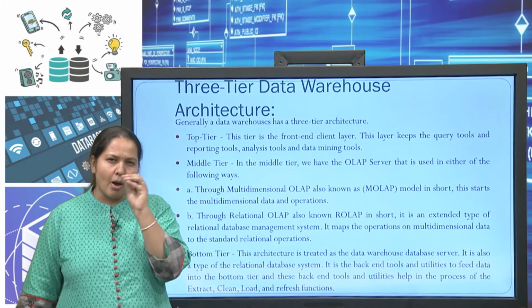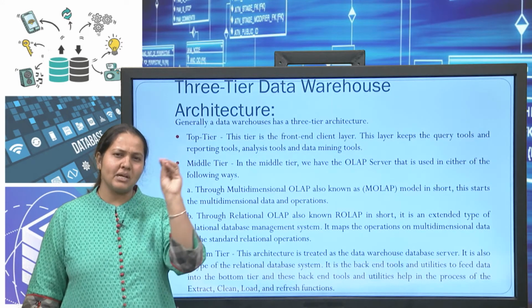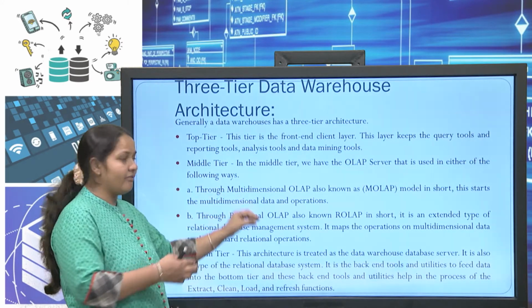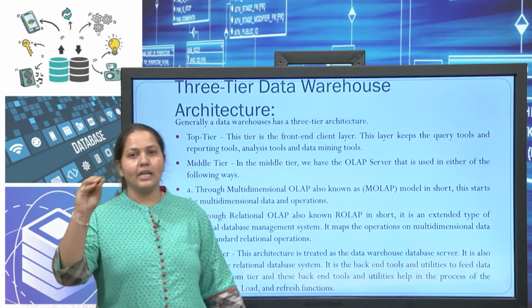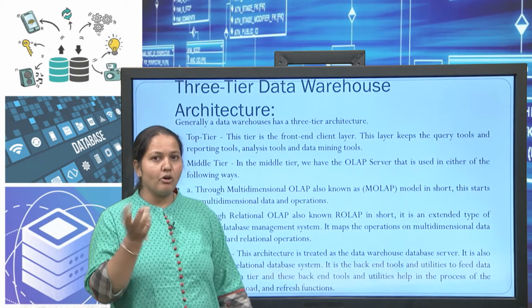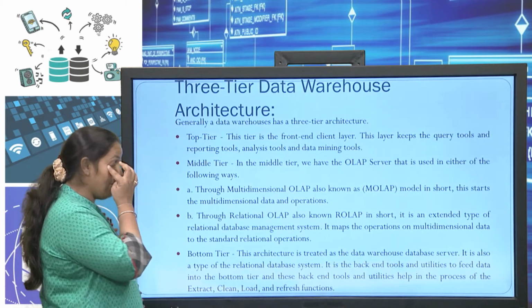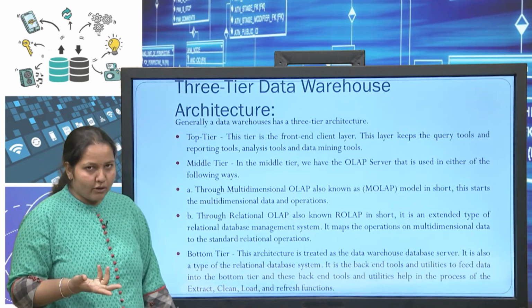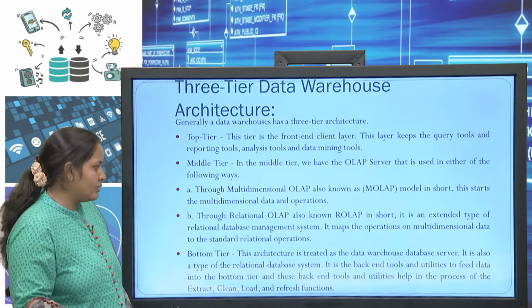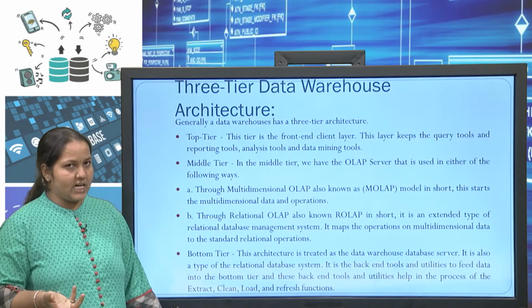Whatever operations you are performing, you have to define those predefined definitions at both levels in the middle tier. You have to define all the concepts for manipulating or mapping the data within MOLAP and relational OLAP.